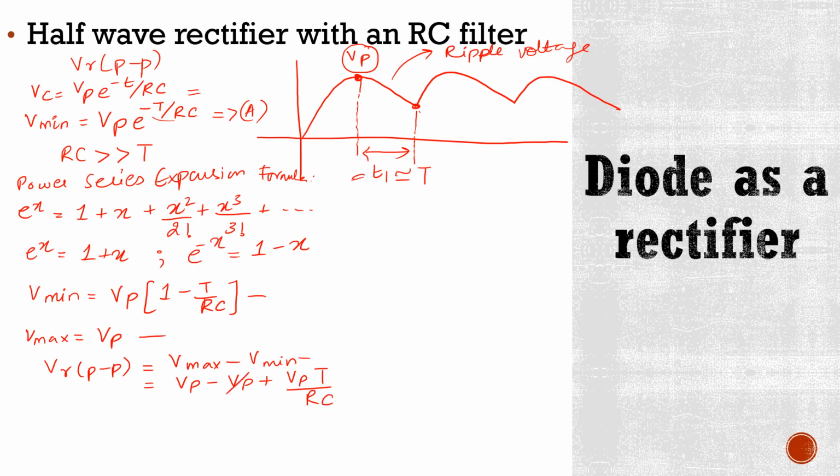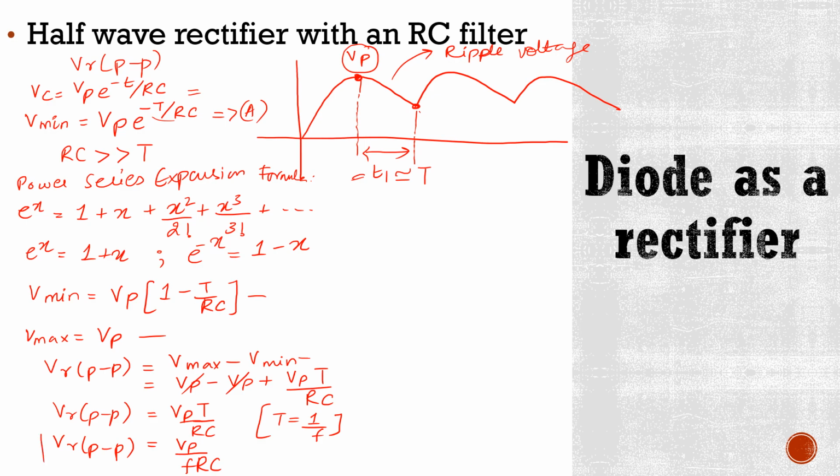This Vp is going to cancel this Vp. So we have VpT divided by RC. This is peak to peak. Now we know that time period is inverse of frequency. So this formula now becomes Vp divided by fRC. This is peak to peak ripple voltage in terms of frequency.